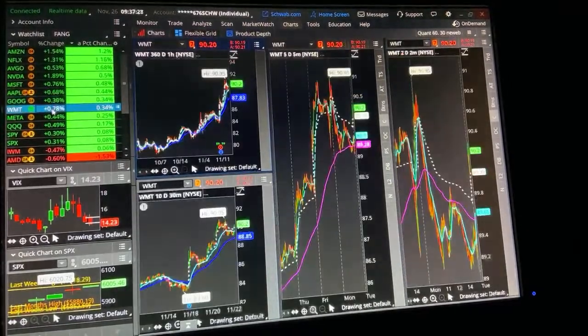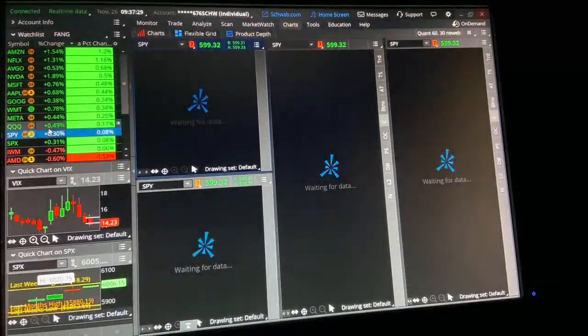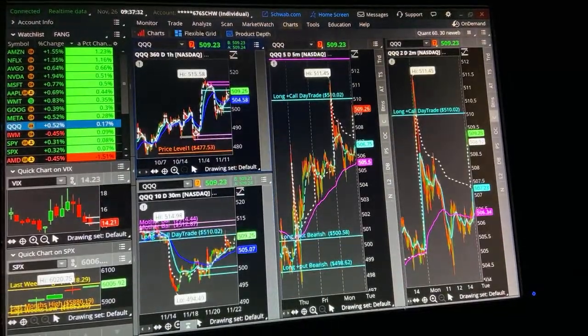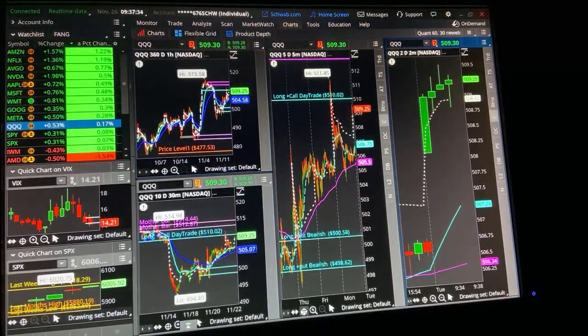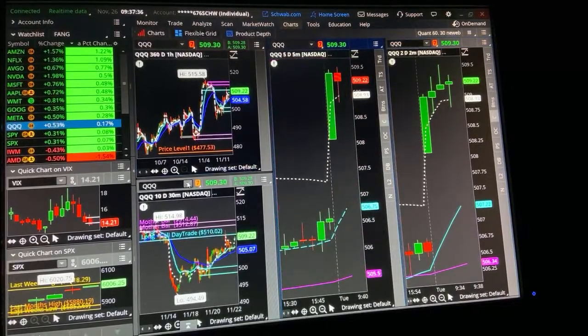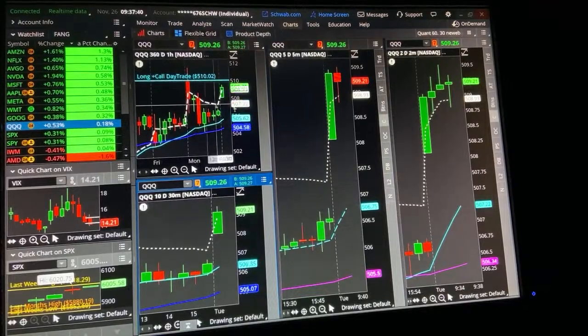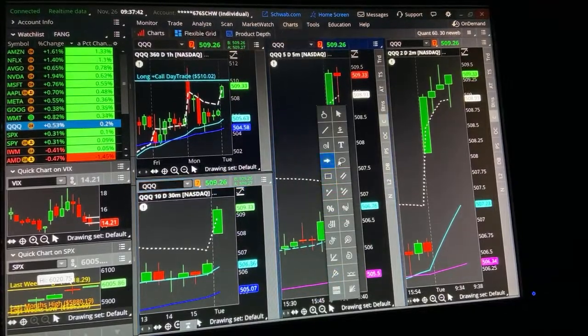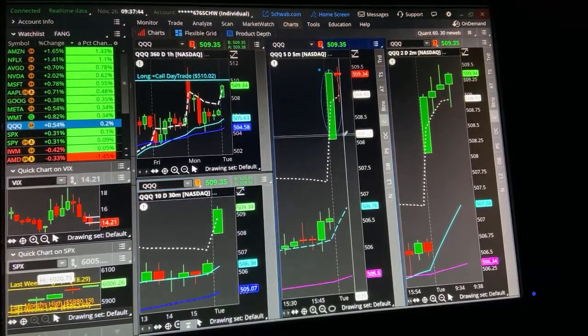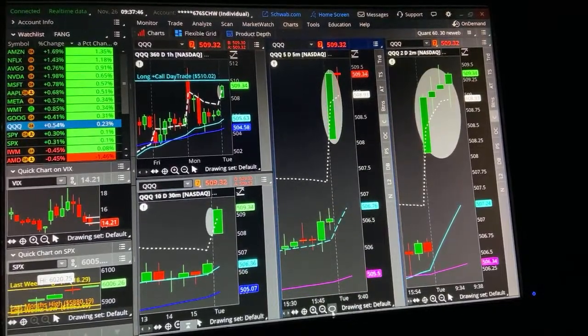So Apple. I mean, Qs, they do have this opening print, a 5-minute wide range bar here.